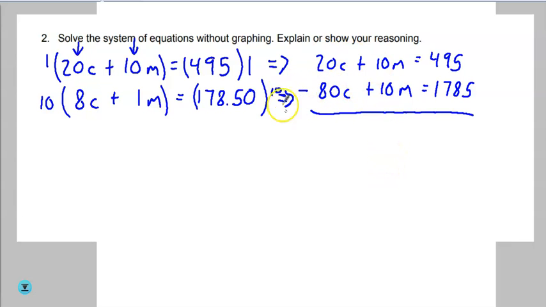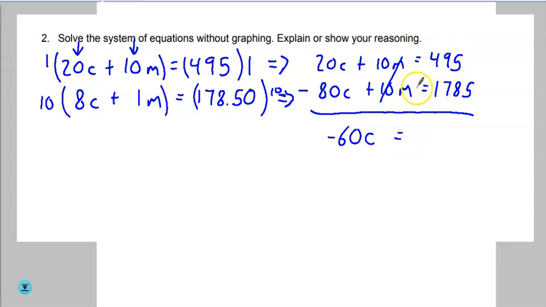If you didn't get the first step, go ahead and get the first step right now. Subtract these two equations and see if you can solve for C. Pause and try it. All right, so when you did 20 minus 80, you got negative 60C. 10 minus 10 would eliminate.